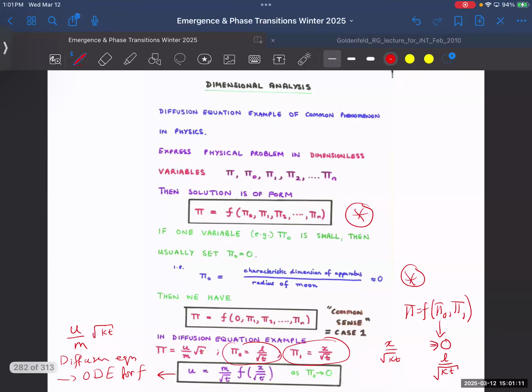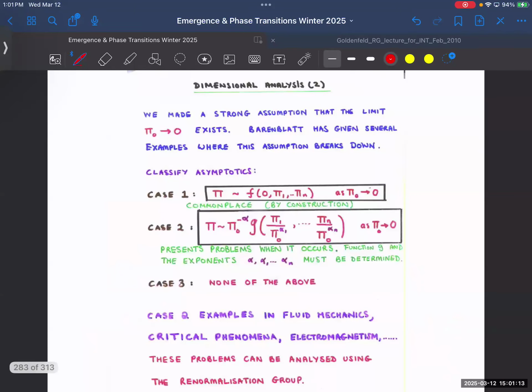Okay, so that's the diffusion equation, and what we talked about at the beginning of the course was that there are many examples in physics where we have this case 1 asymptotics, common sense asymptotics, but we also talked about this one, case 2 asymptotics, where you have a singular dependence on pi 0 as pi 0 goes to 0, and it's singular because it's going with a form like pi 0 to the minus alpha.